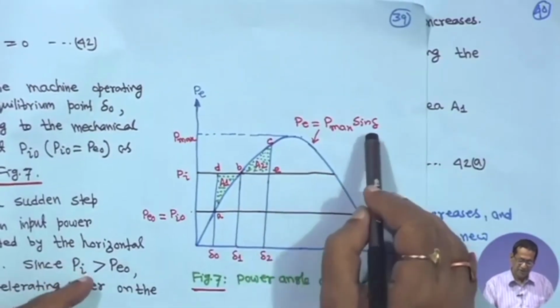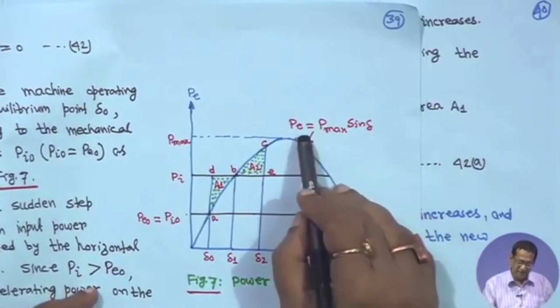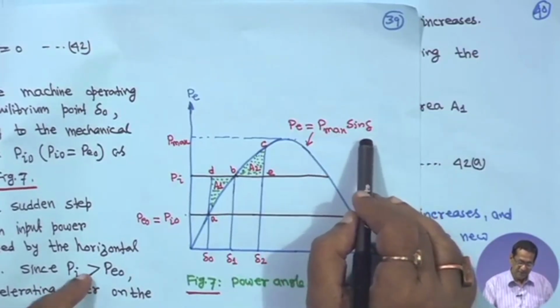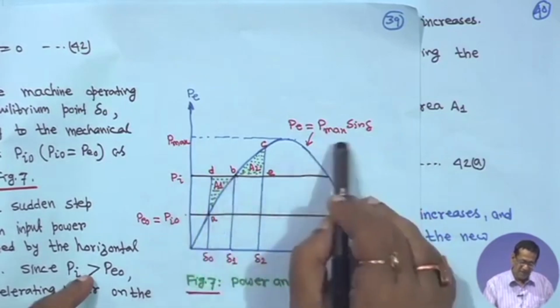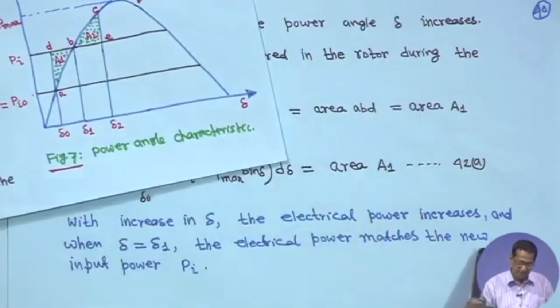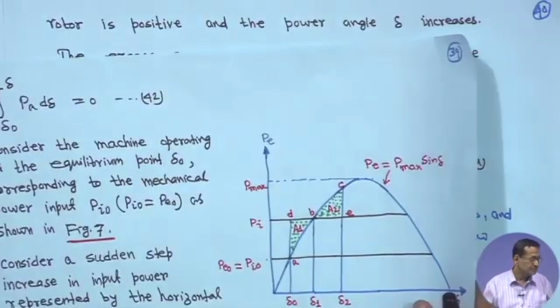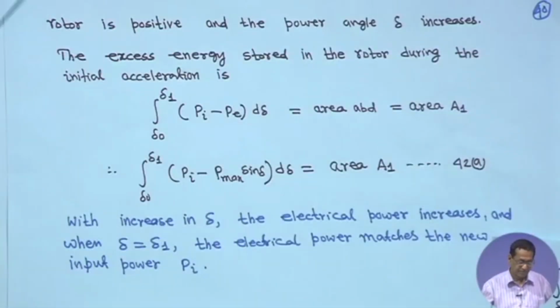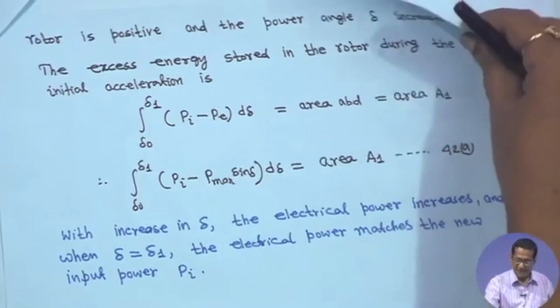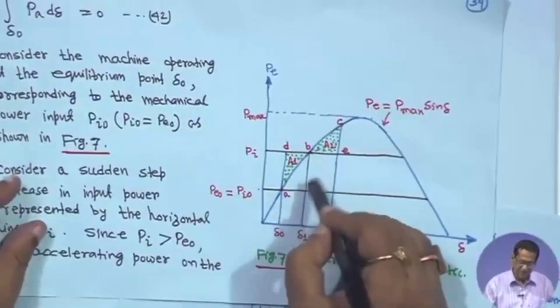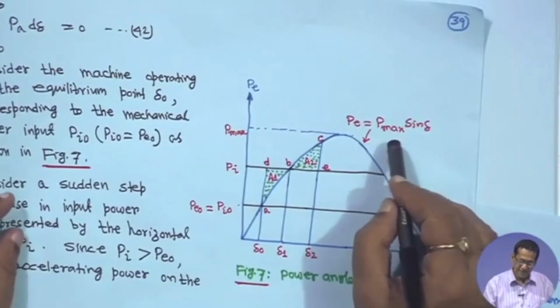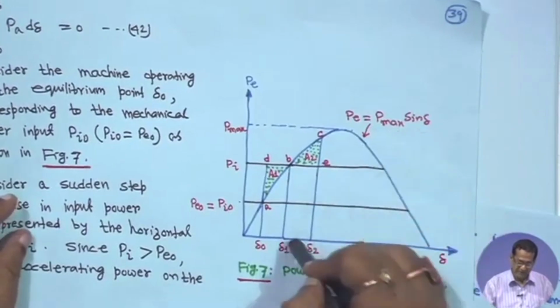That means when δ is equal to δ1, P is equal to Pmax sin δ1, that means at that time Pi becomes Pmax sin δ1, it matches the new input power Pi. Even though at this point the accelerating power is 0, P becomes Pmax sin δ1 when δ is equal to δ1.